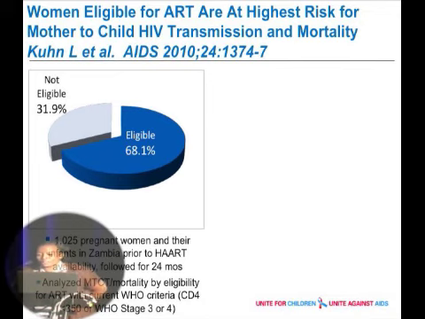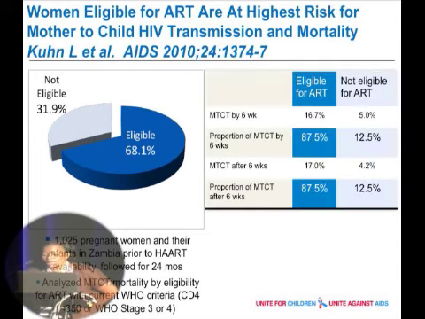This was a study that was looking at breastfeeding transmission risk, but they analyzed the MTCT and mortality by eligibility for ART with the current WHO criteria cutoff of 350 for CD4, and then looked at transmission risk as well as mortality in women.